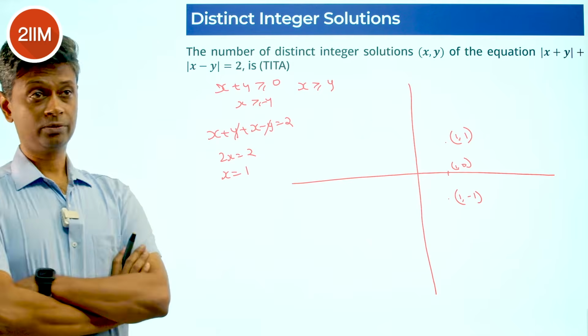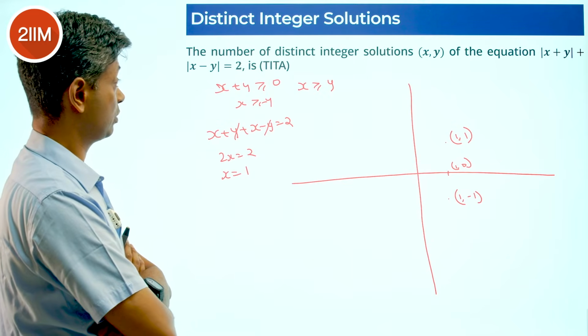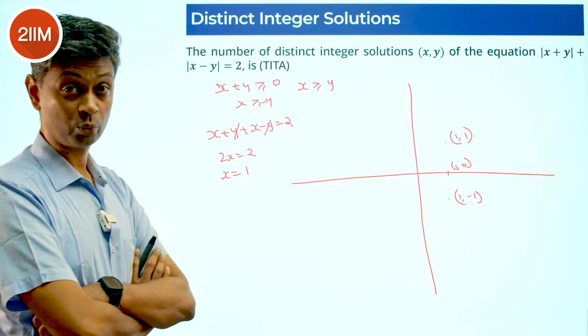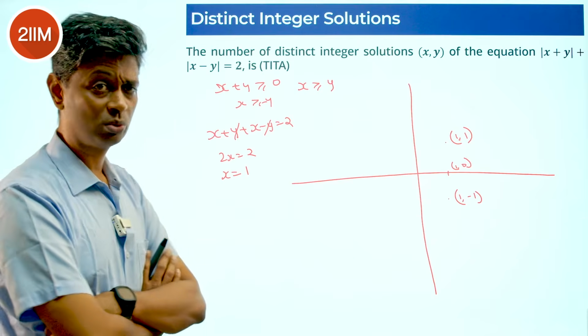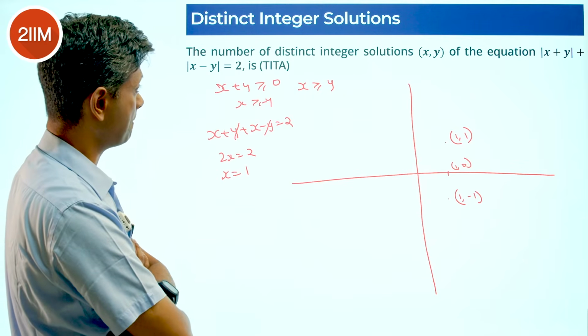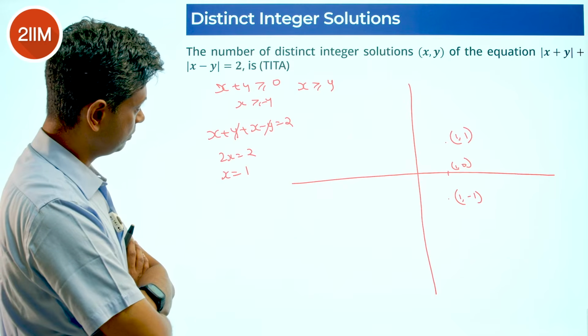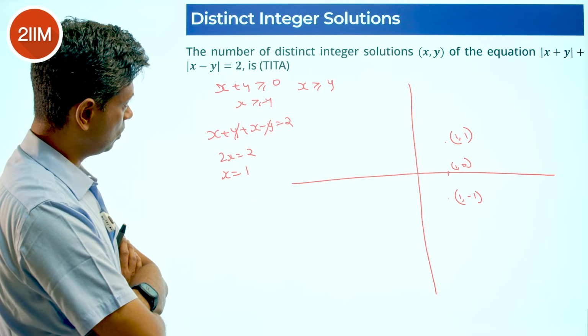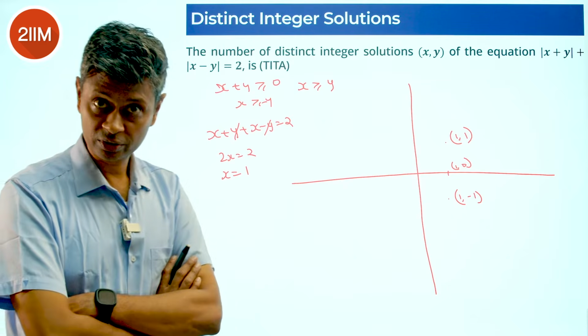All three work. When you put x equal to 1, y equal to 1, modulus of x plus y is 2, x minus y is 0, that works. You put 1 comma 0, mod 1 plus mod 1 is 2, that works. 1 comma minus 1, if I put, then the first one goes to 0, the second term is 2, that also works.